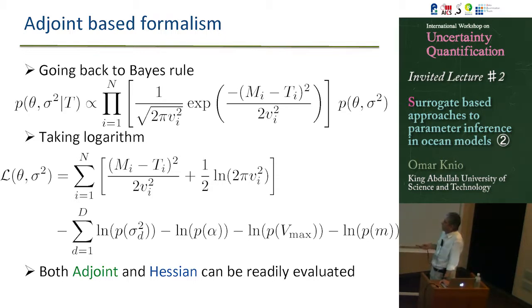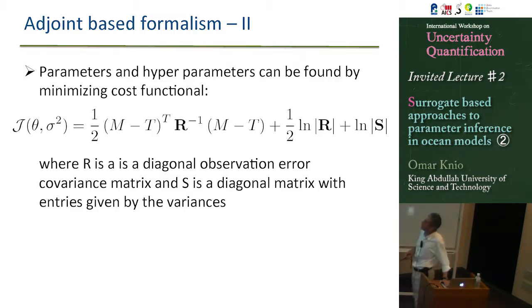And if I have a functional representation of my model, then I can form the adjoint, and not only the adjoint but the Hessian of this quantity.